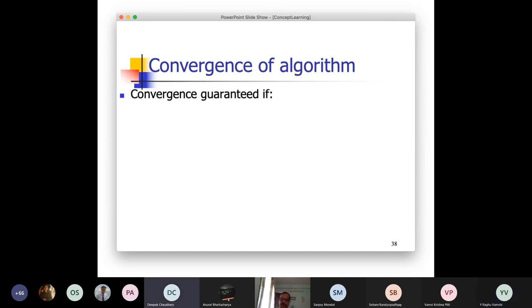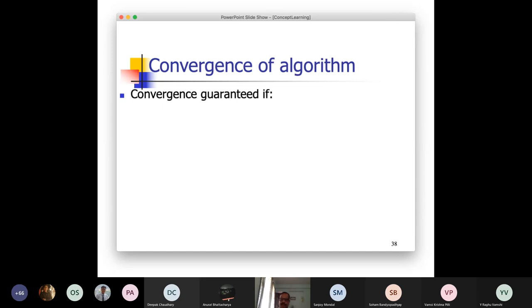The specialization boundary is updated every time we encounter a positive training example, and the generalization boundary is updated when we encounter a negative training example.